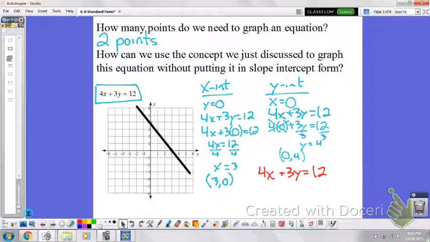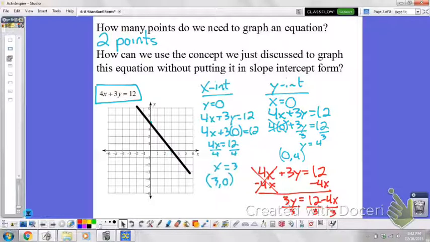To get rid of a positive 4x, I subtract 4x from both sides. The 4x's cancel out. I'm left with 3y equal to, since 12 and negative 4x are not like terms, I just leave it as 12 minus 4x. Now I also need to get rid of the 3, so I divide both sides by 3. And since I am dividing everything by 3, I'm just going to take 12 over 3 and negative 4x over 3.